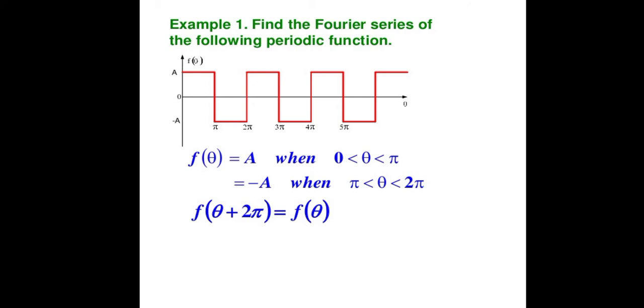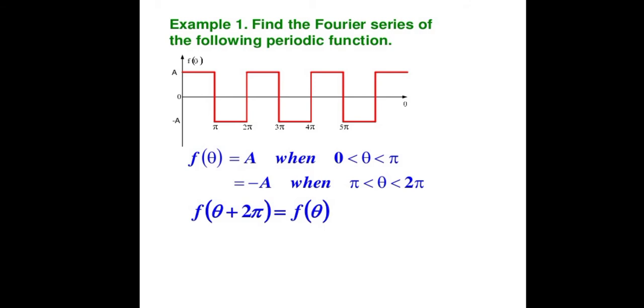Then an example for the periodic functions: find the Fourier series of the following periodic function. This is the square wave. The equation gives f of theta equal to a when 0 is less than theta is less than pi, and equal to minus a when pi is less than theta is less than 2 pi.